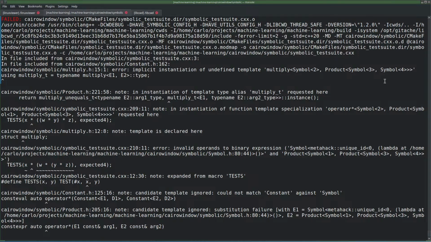Yeah, same error. So that might just work.